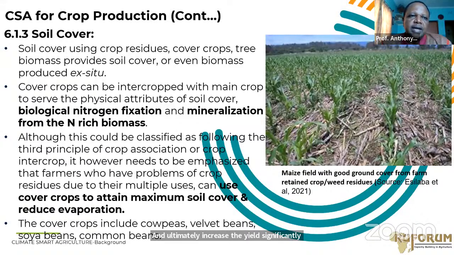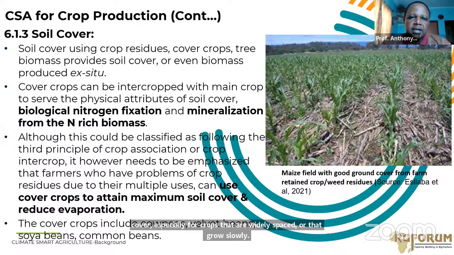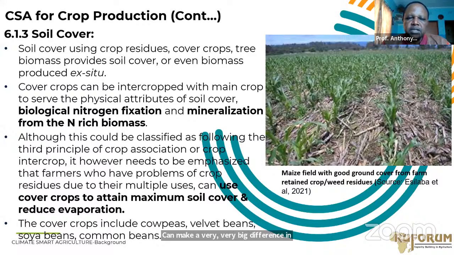So soil cover, especially for crops that are widely spaced or that grow slowly, can make a very big difference in reducing moisture loss, especially in places where there's a tendency of having high winds and high temperatures, which lead to high evaporative demand.